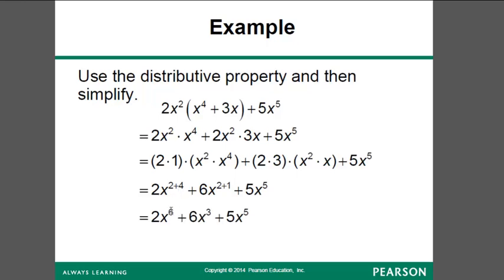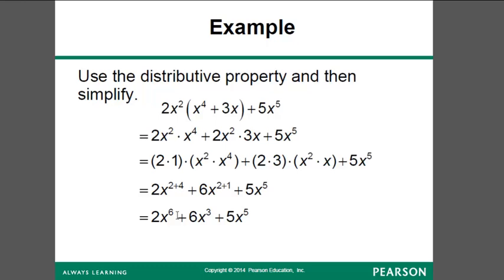And simplify even further. 2 plus 4 is 6. 2 plus 1 is 3. And this stays at 5. This would be my final answer. If there were any terms that had the same x to the same exponent, I could combine like terms. But this one does not have any like terms.